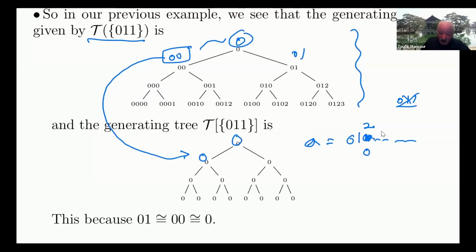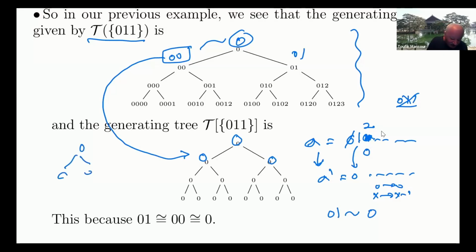So this sequence I can map to another sequence by removing the 0 here, and each letter I decrease by 1, but not the 0. So the 1 is mapped to 0, 0 is mapped to 0, and an x is mapped to x minus 1. So A avoids 0, 1, 1 if and only if A prime avoids 0, 1, 1. That means 0, 1 is equivalent to 0. So I put 0.